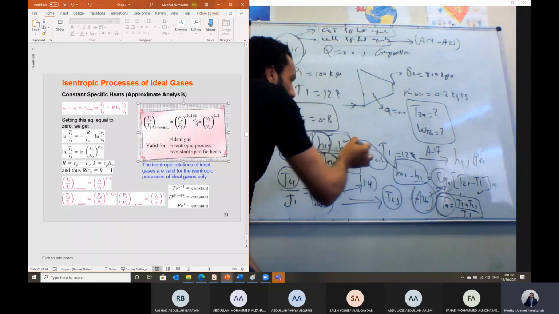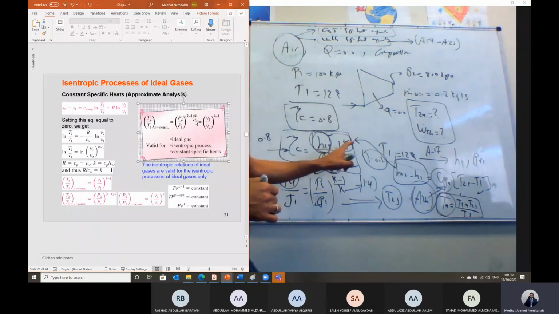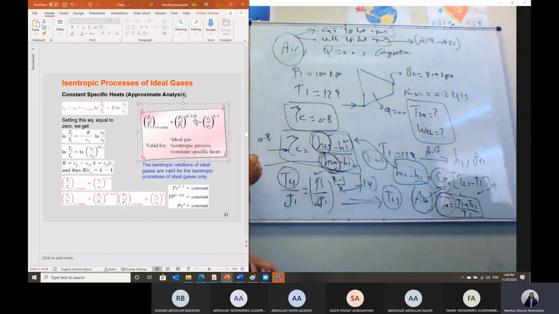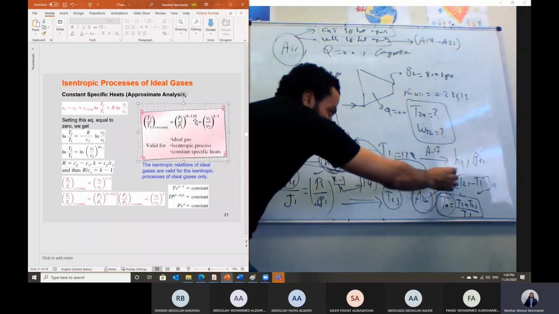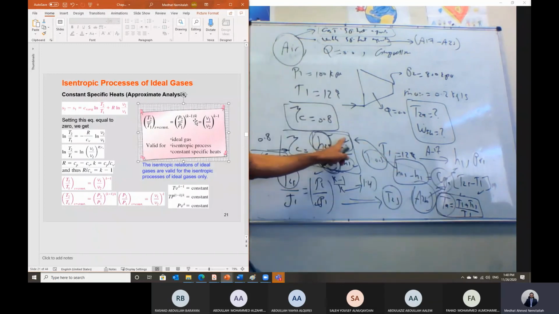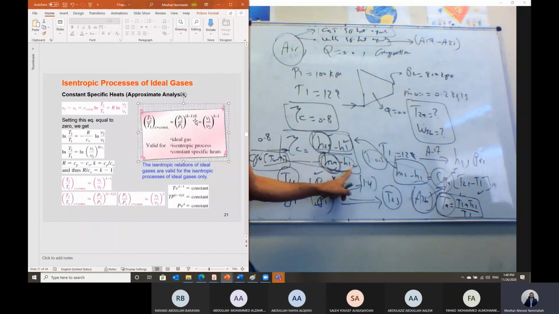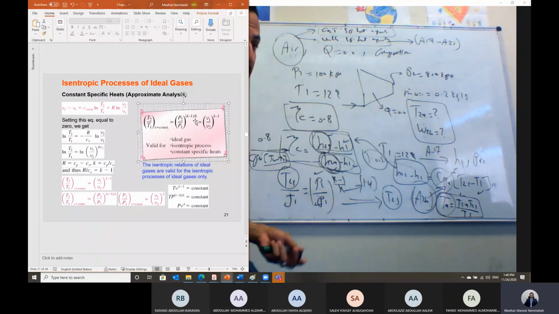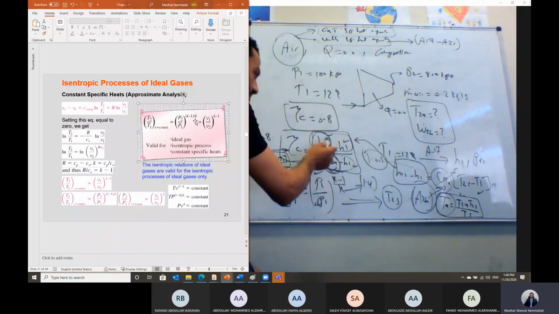Take this term and substitute here directly, and also replace H2 actual minus H1 by Cp average multiplied by T2 actual minus T1. You can even take Cp as common. This is Cp delta T, this is Cp delta T. As long as we don't have the actual exit temperature, we can assume we have the same Cp value.